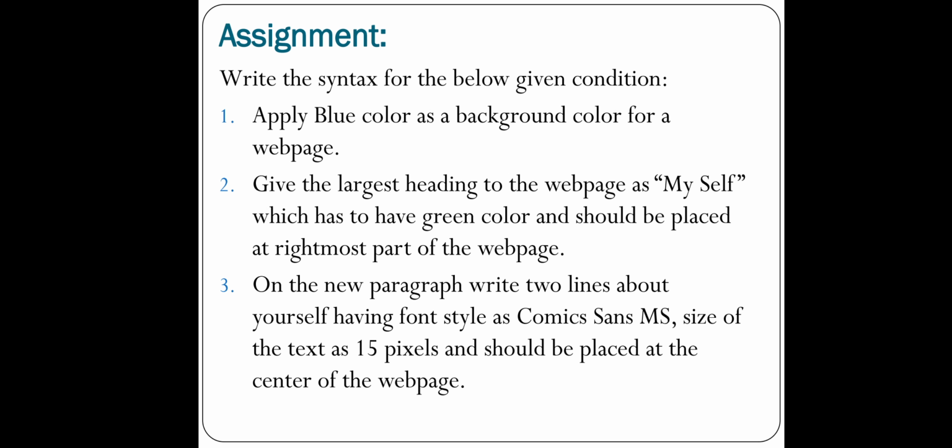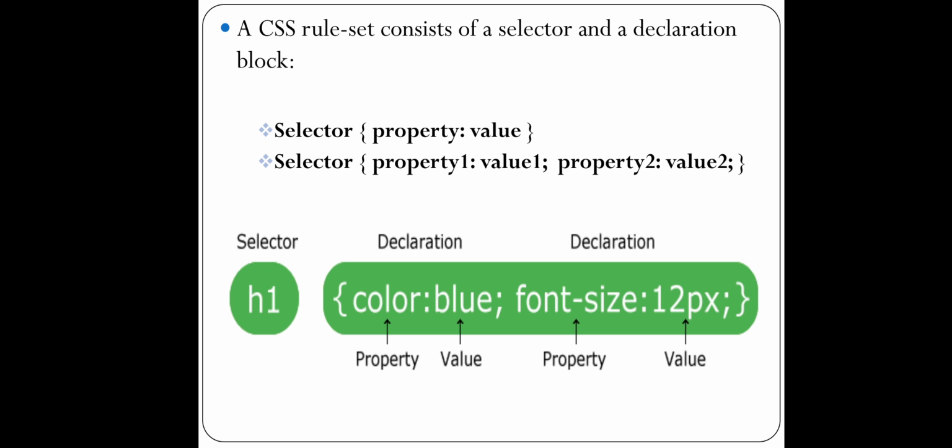Now this is the actual assignment which was given. Before going to the actual assignment question, we will quickly see how the syntax looks for CSS. If you see below, the green part is the actual coding part of CSS. Outside you can see there is a selector.